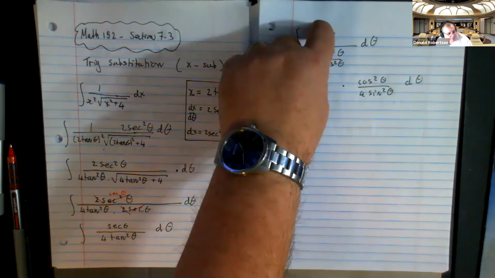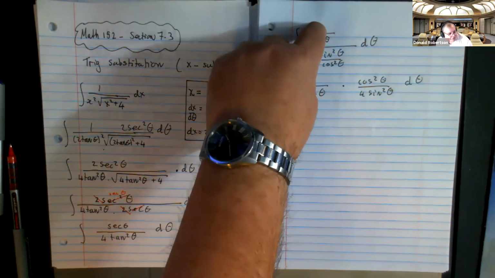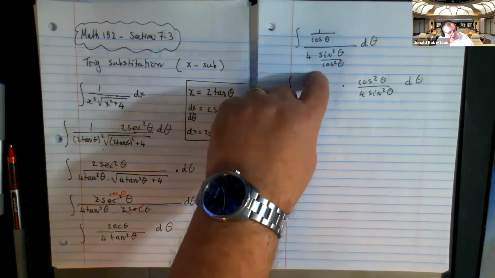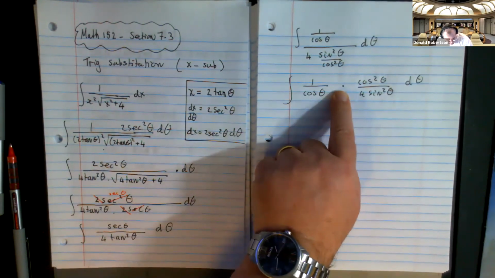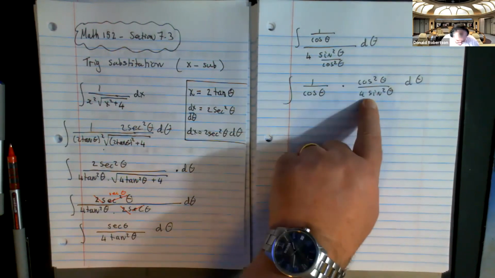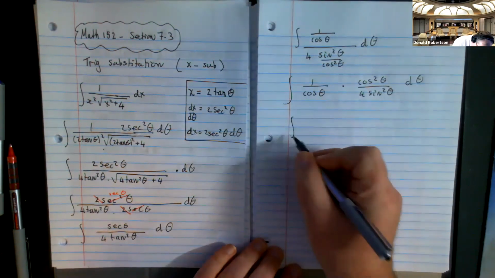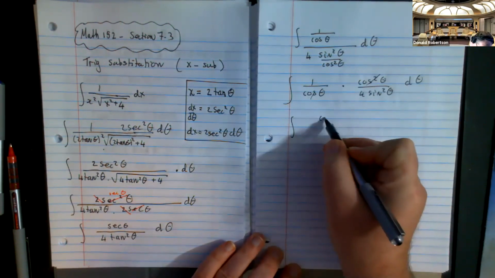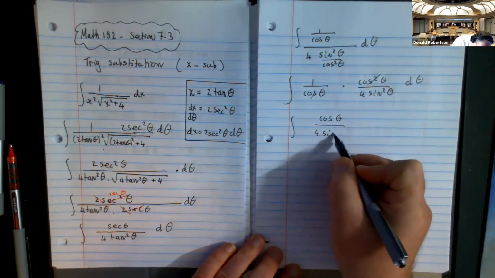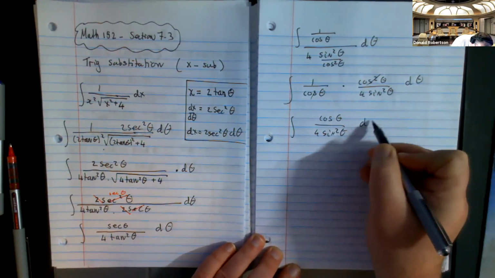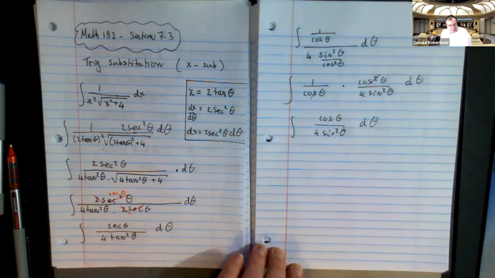Fractions can be thought of as divisions, right? Guy in the top being divided by guy in the bottom. Guy in the top, divided, reciprocal, turn upside down. Now, if you do it this way, a cosine cancels, and now you have got that. And that's normally a good strategy. Turn everybody into sines and cosines.